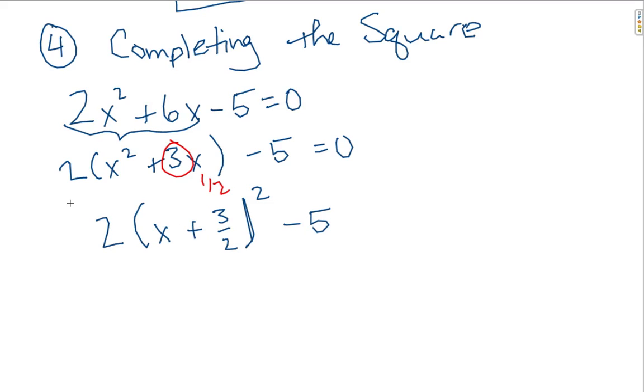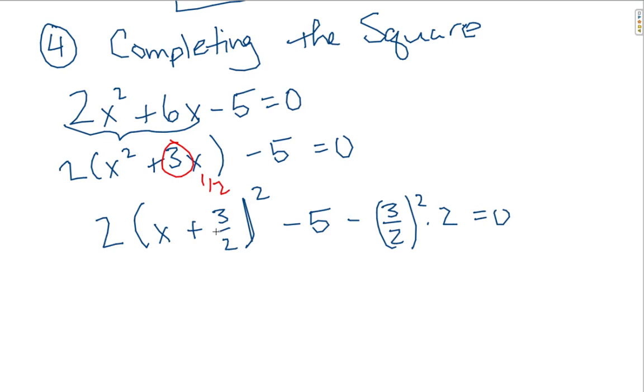Now, this equation does not equal the same as this. Because inside the calculation, if I multiply this out, I get x squared plus 3x plus this term squared, so inside here is a plus 9 over 4. I've added 9 over 4 times 2, so I must also subtract it: 3 over 2 is 9 over 4 squared times 2.